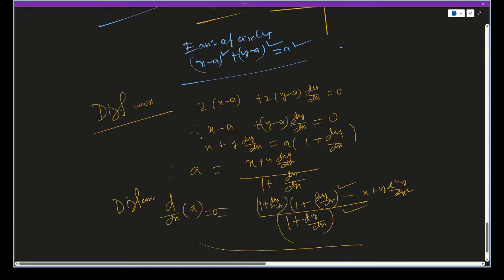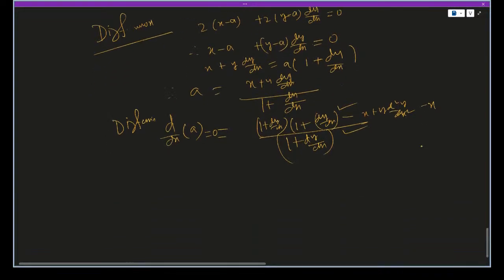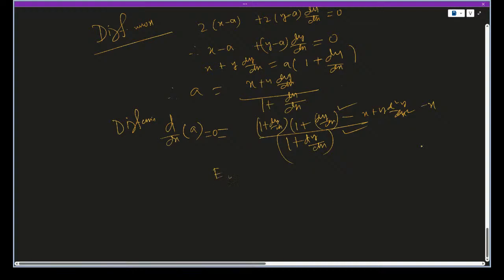So differentiating again, just to differentiate again to eliminate arbitrary constants. Eliminating what? Nothing to eliminate, just simplifying. You can do it just by simplifying. We'll get the equation, okay?